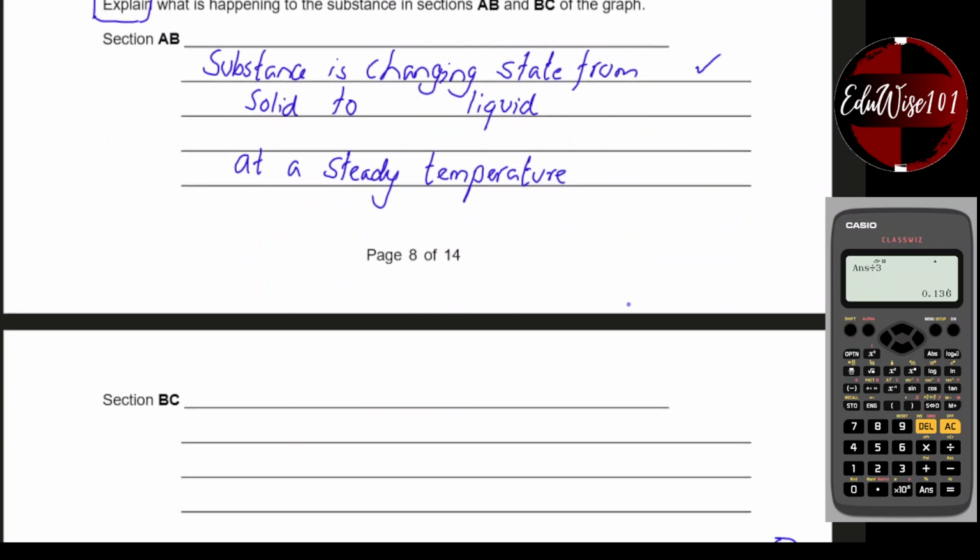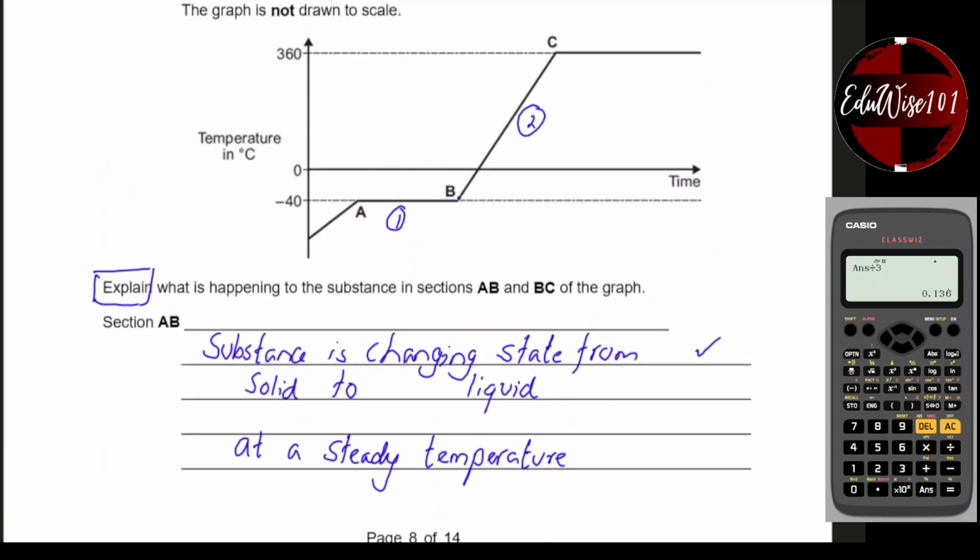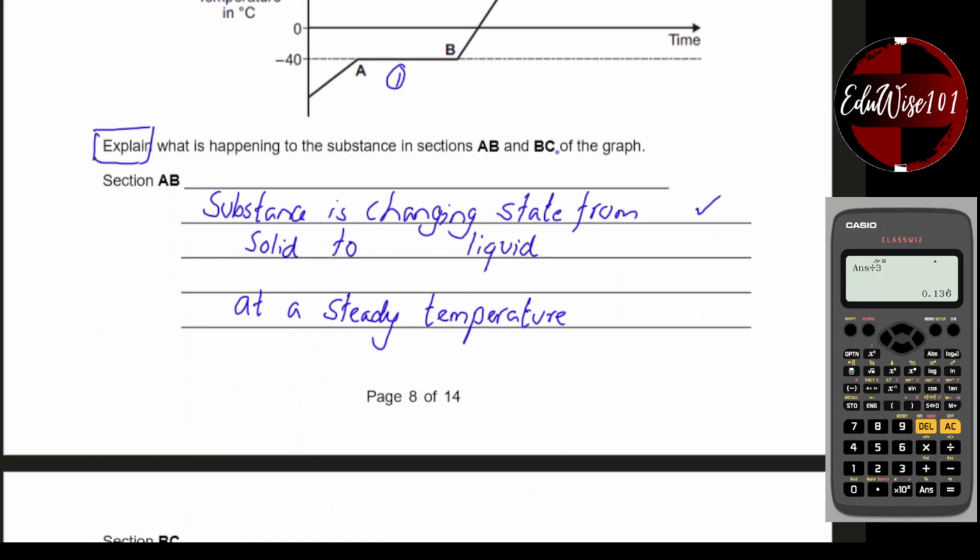section BC, right? You can see that in section B to C, the temperature is actually increasing steadily up, starting at -40 to 360 degrees Celsius.